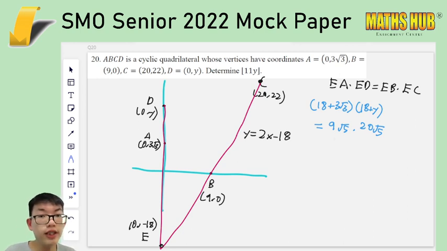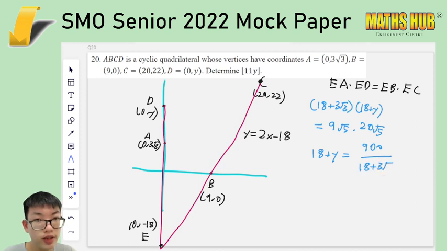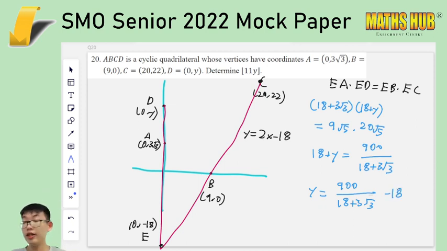This portion here is just equal to 900, so 18 plus y is 900 over 18 plus 3 root 3, and you can subtract this off. Now technically this is already the correct answer mathematically, but the answer extraction requires that you get floor of 11y.